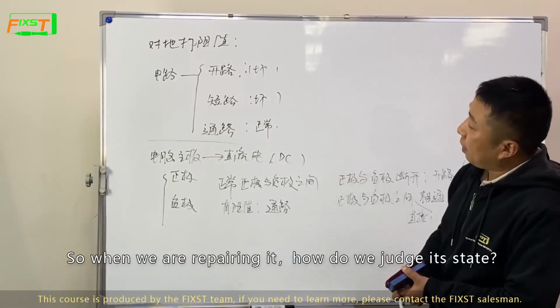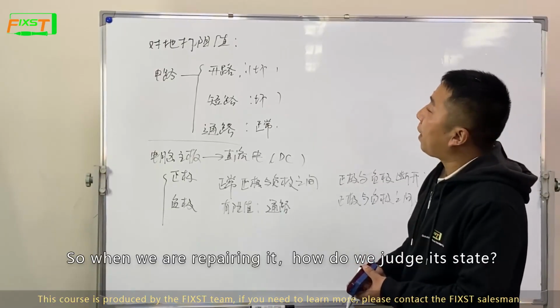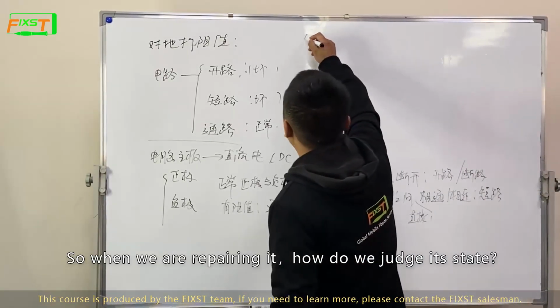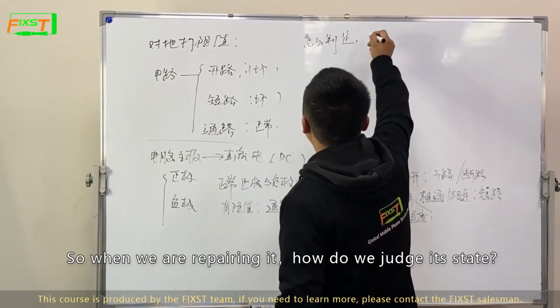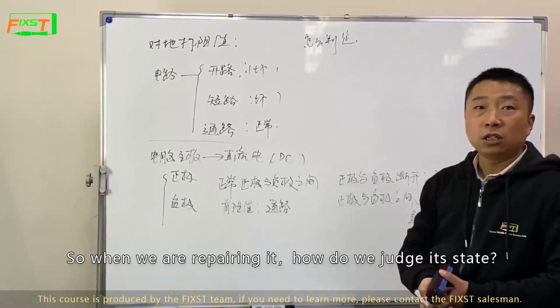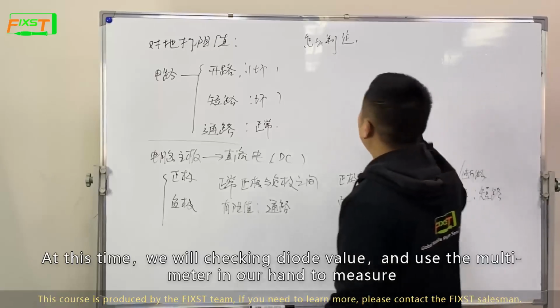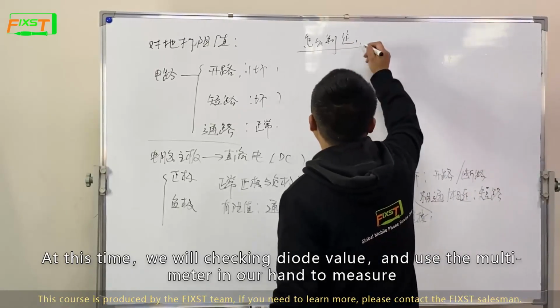So when we are repairing it, how do we judge its state? At this time, we will check the diode value and use a multimeter in our hand to measure.